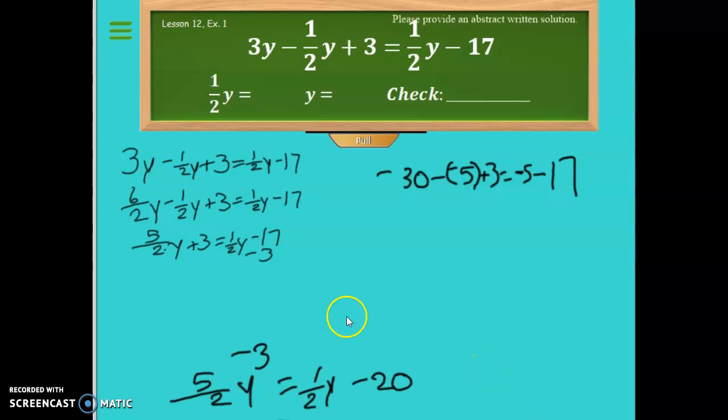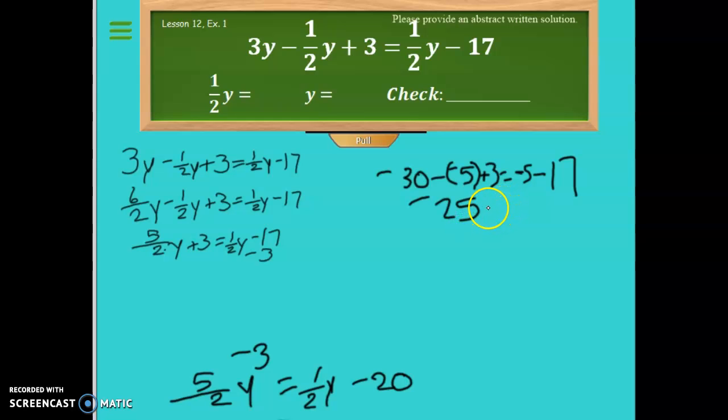Okay, so what I was saying before was we could probably combine this -5 and +3. But then I got to thinking about the order of operations and I decided that that's probably not going to be a good idea. So I'm going to work from left to right instead to solve. So -30 minus a -5 is really the same as saying a -30 plus 5. And so -30 plus 5 is a -25.